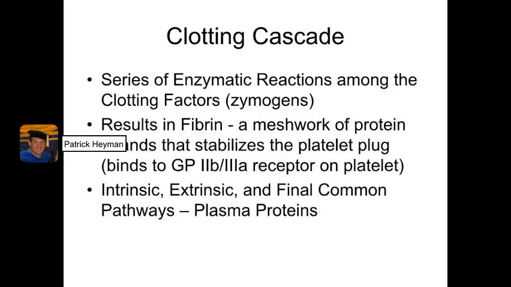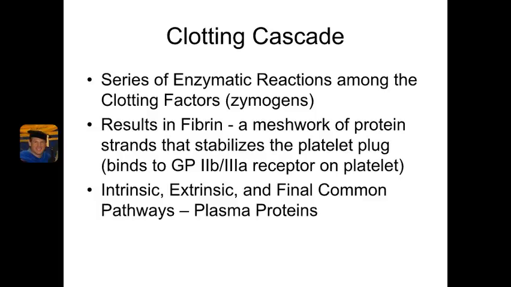So let's talk about the clotting cascade in a little bit more detail. Anytime you see cascade, you need to think a series of enzymatic reactions of zymogens. Remember, a zymogen is an enzyme in an inactive form. In order to make it active, you have to cut part of it off. That's called cleaving. Anytime you cleave an enzyme, you're going to have an A side and a B side.